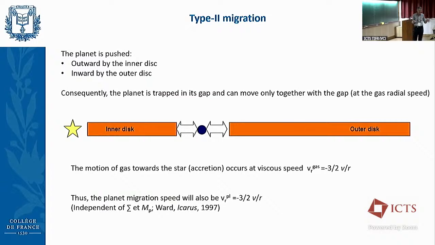So immediately you understand that this is a sort of asymptotic formula that cannot be absolutely correct, because it makes no sense physically that the migration is independent of the mass of the disk. You have a very thin disk with a negligible mass, and the planet will still move at the same speed. So of course, this formula has some limitations. But in first order, for a massive disk and a massive planet, this is what happens, and it's because the planet is blocked in the gap, and so is locked in the viscous evolution.